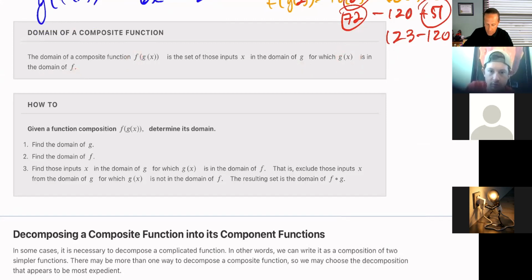And basically, after we found the domain of each of those, we're going to make sure that we can find if there's anything that we need to exclude from g that's not going to be in the outer f function.